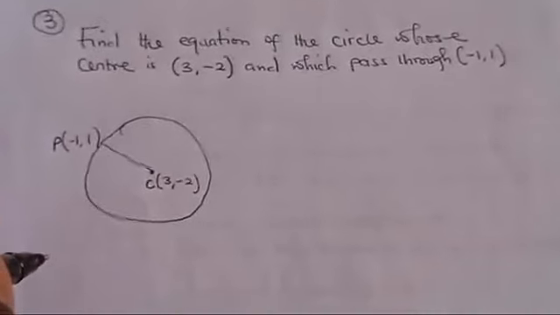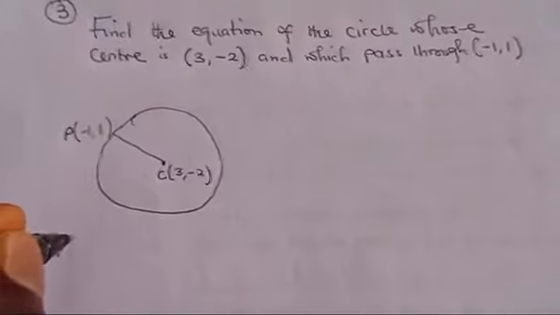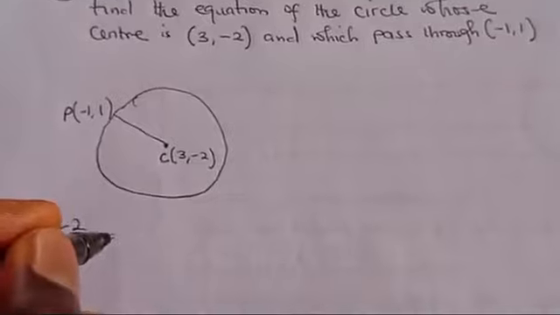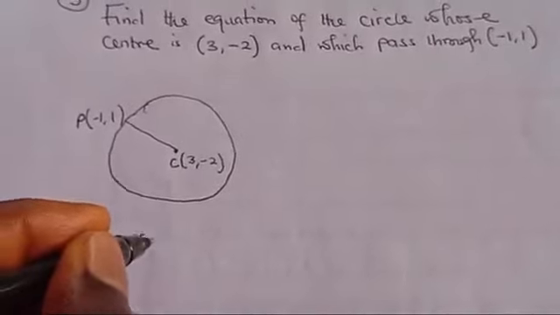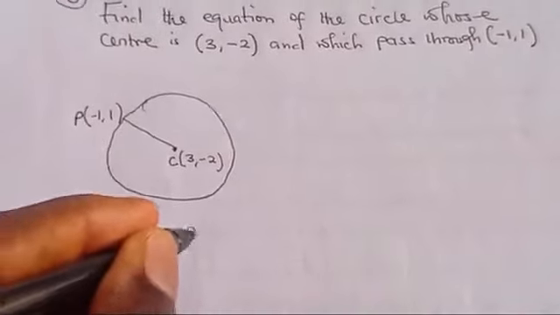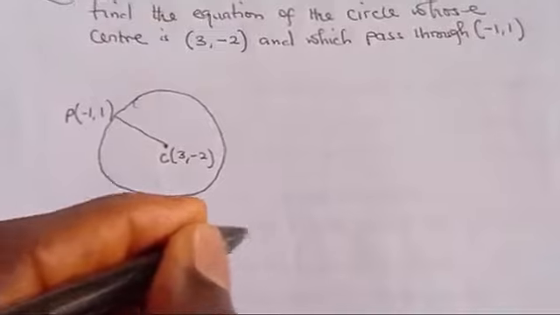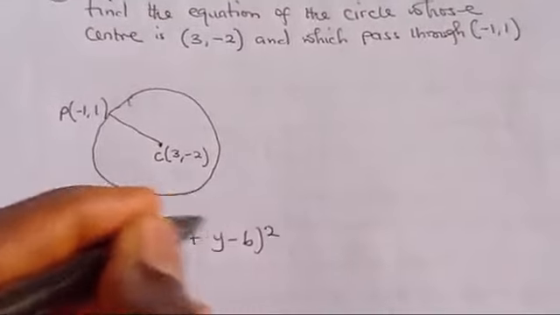So for us to do that, r squared is equal to x minus a all squared plus y minus b all squared.